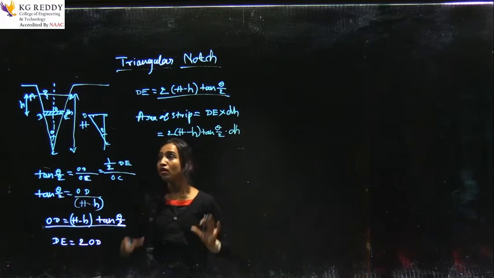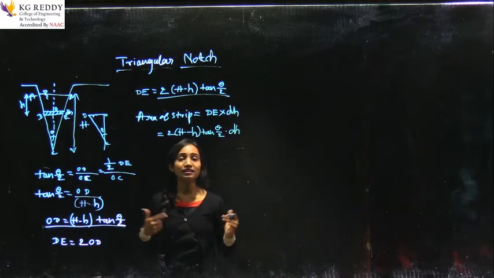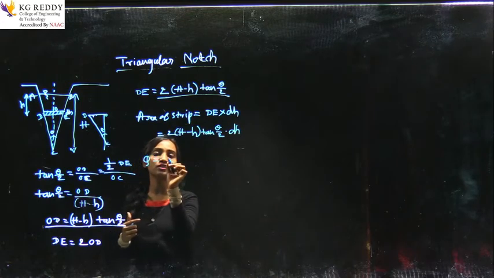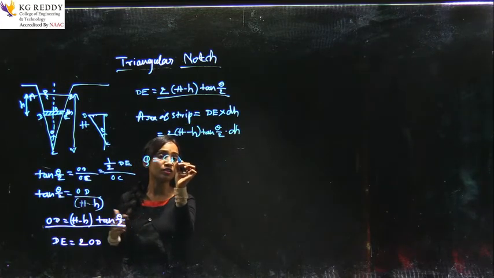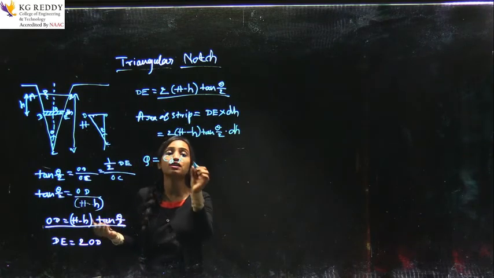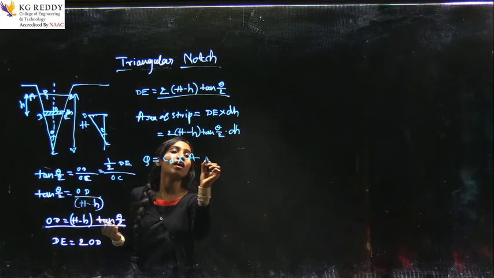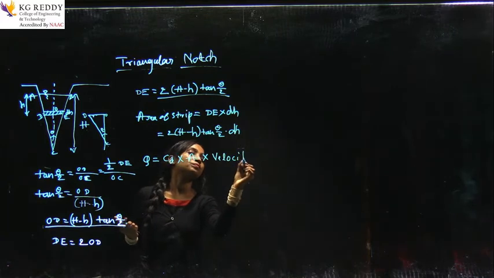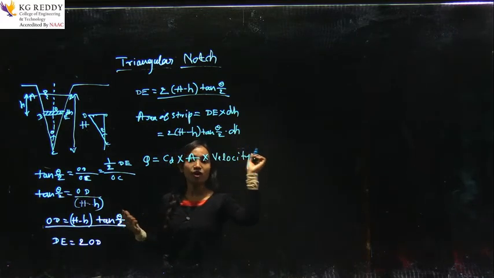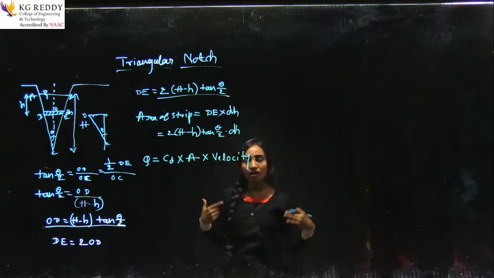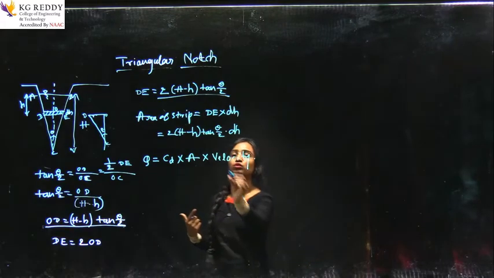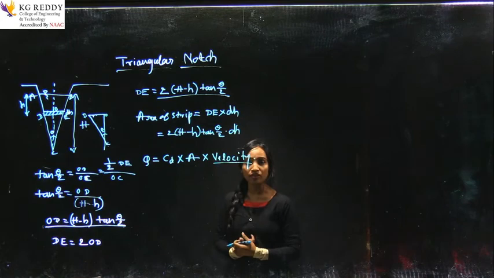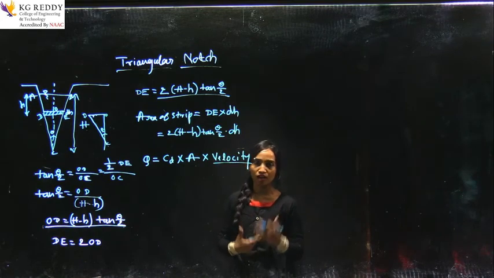So now what are we going to find? The discharge. The discharge equation is Q is equal to Cd into area into velocity. You already know this equation very well. As we have had so many classes discussing velocity, which velocity are we going to substitute here? That is the theoretical velocity.